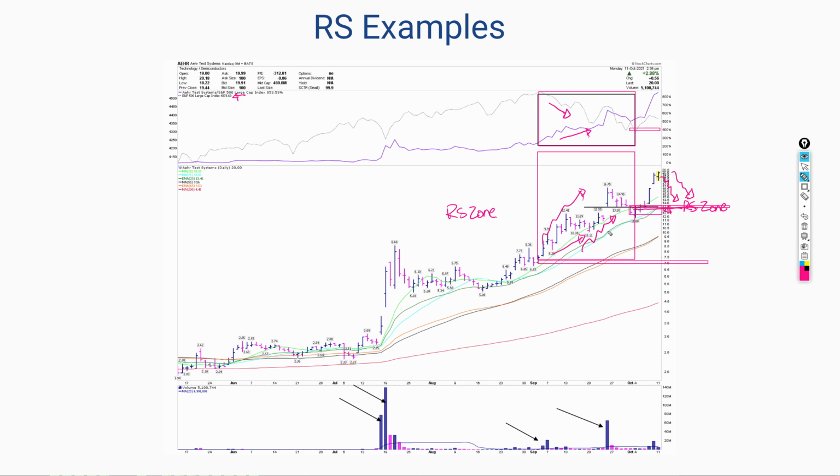So this is an ongoing study of mine, but I did want to share that we have the vanilla RS, we have the RS new high before price. Now I'm adding RS zones because I feel, and I have quite a few examples of this in my ongoing study, that price comes in and is supported around those RS zones.